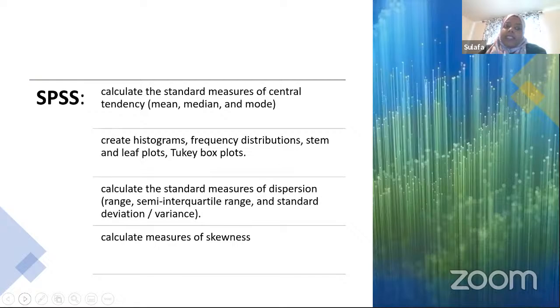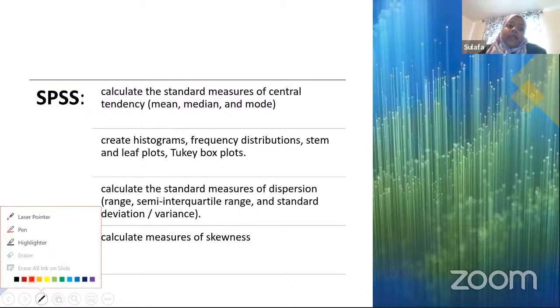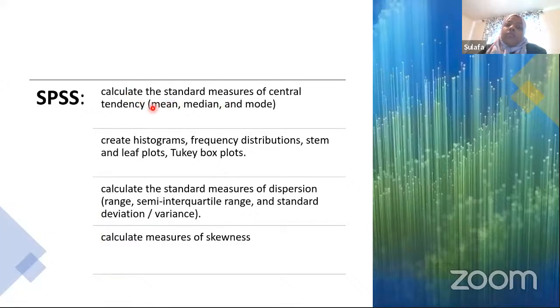So SPSS has many ways to do data analysis. It can calculate the standard measures of central tendency: mean, median, and mode. We use this mainly with continuous variables.